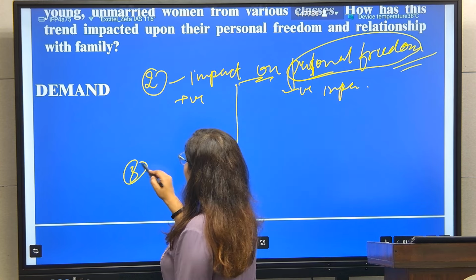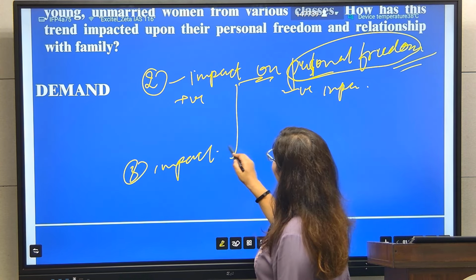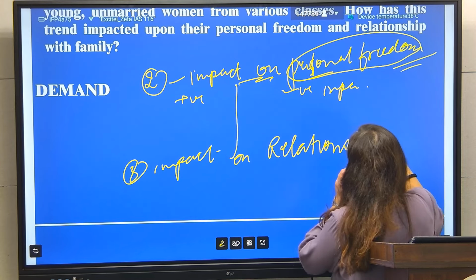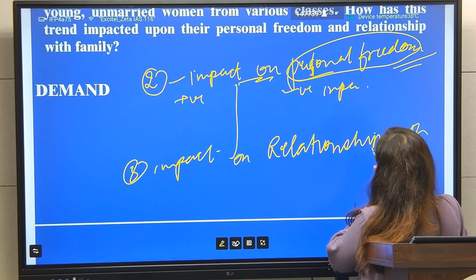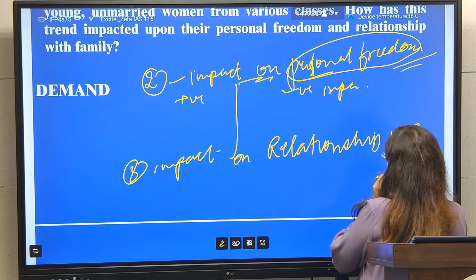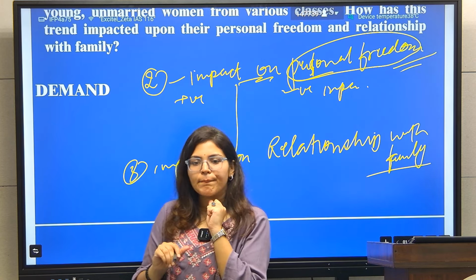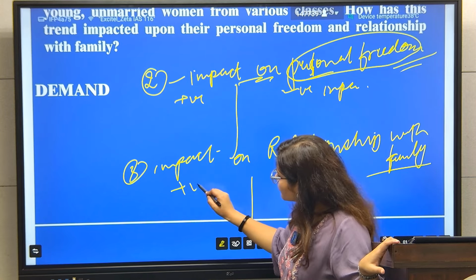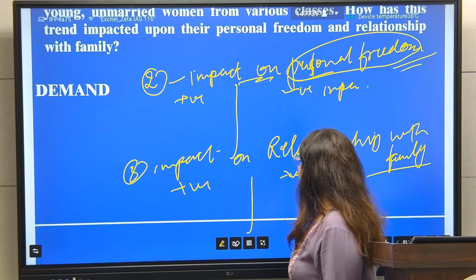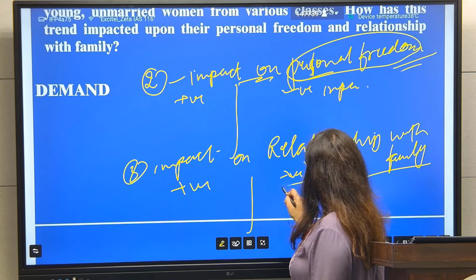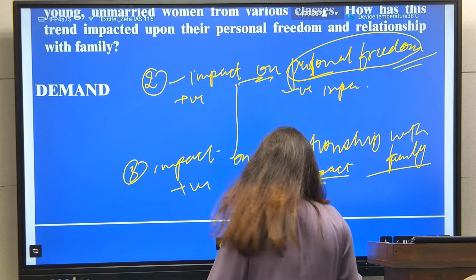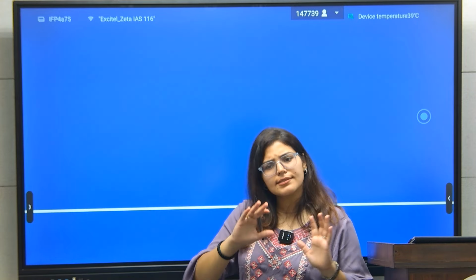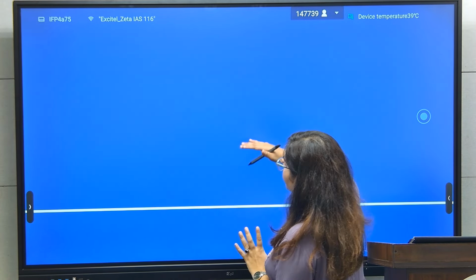Third is impact on relationship with family. So how does the urban migration of these women impact the relationship with their family? Here you also write the positive impact and the negative impact. And in conclusion, the best way to conclude this answer is inference.